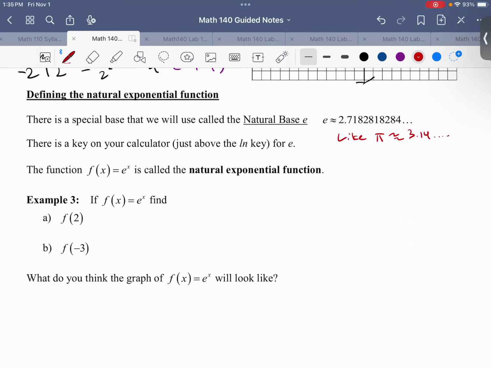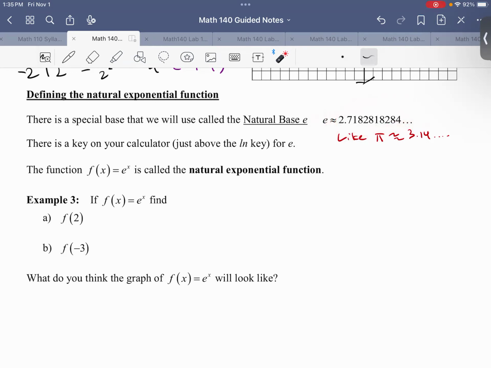So pi has this symbol for itself, but it has a numerical value. Same thing with base e. It has a symbol e, but it has a numerical value as well.